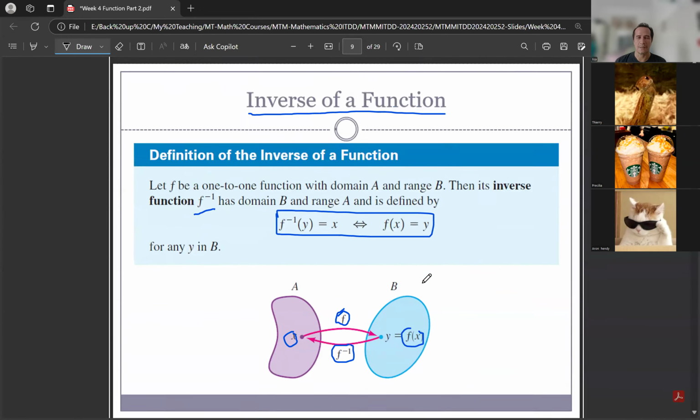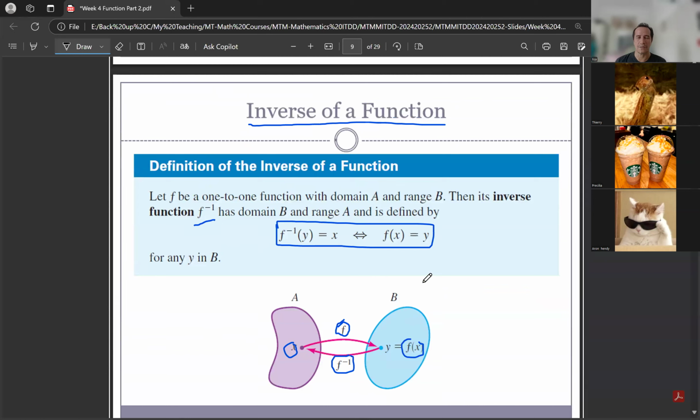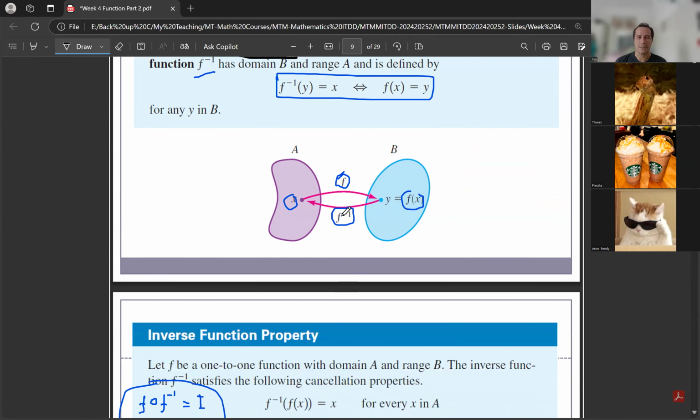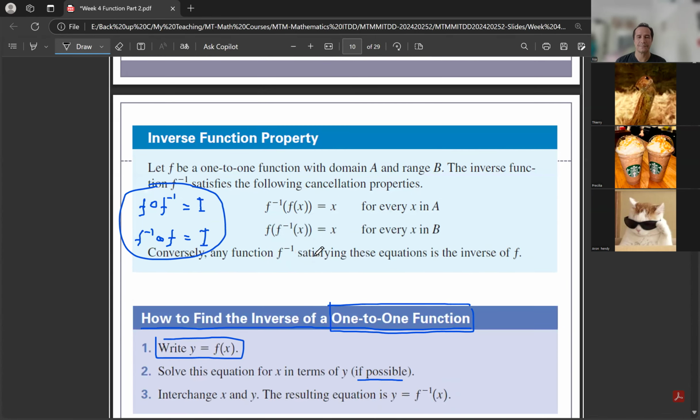And now we can look at the inverse of a function. The inverse of a function must be a one-to-one function, and the domain and range are reversed, from F to inverse of F. If F goes from left to right, then the inverse of the function goes from right to left.